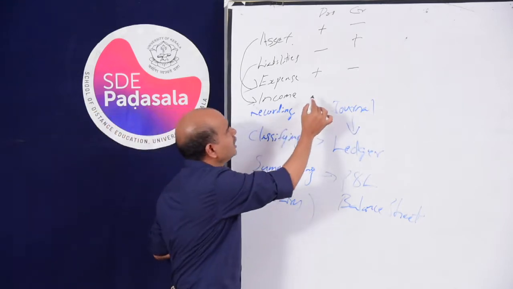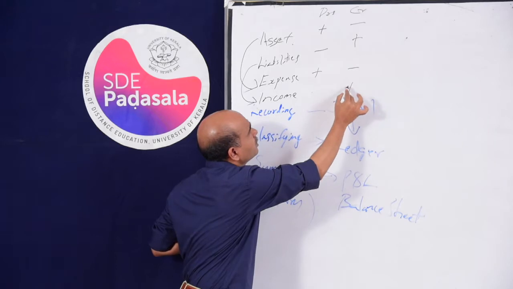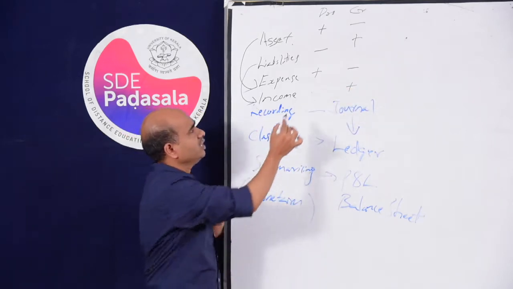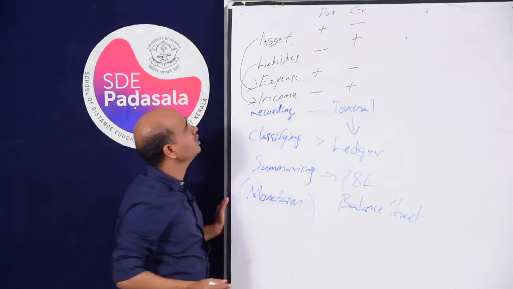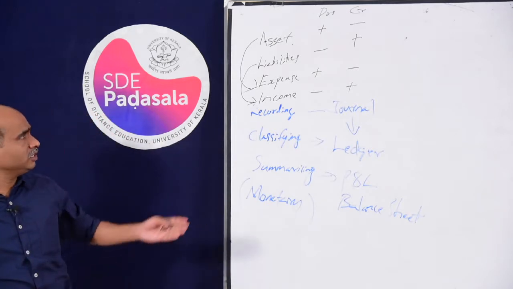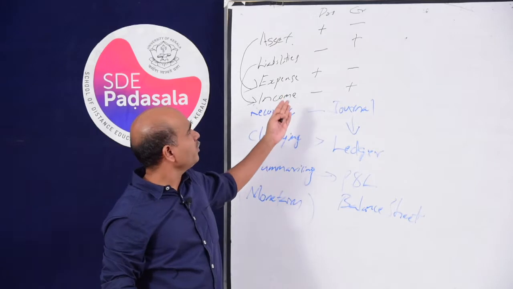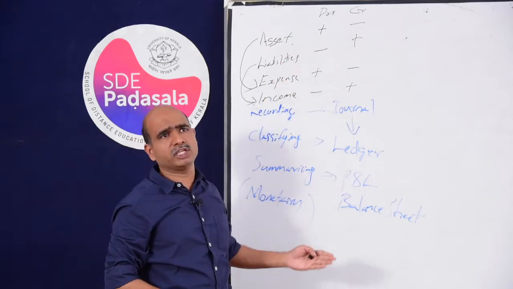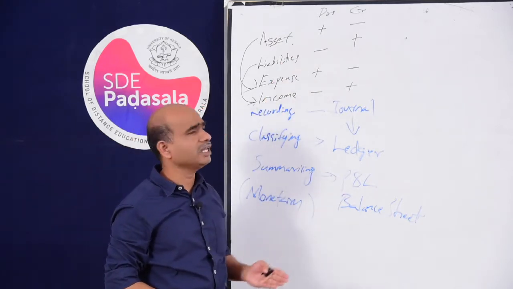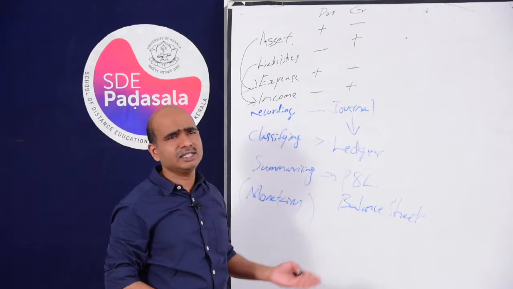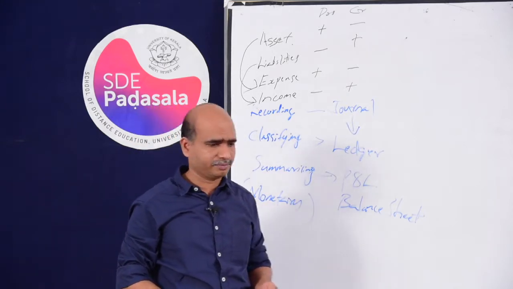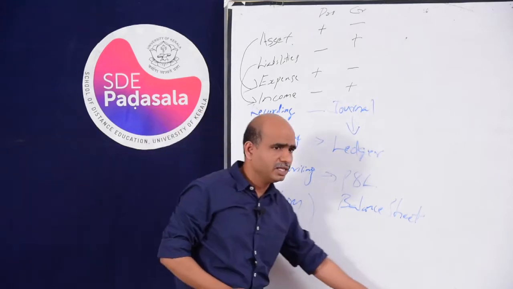So, when an income increases, we should give a credit. When it decreases, we should give a debit. This is the basic rule of debit and credit. If you have an idea about this basic rule, we can easily write down journal, ledger and balance sheet. So, we can start with a journal book.